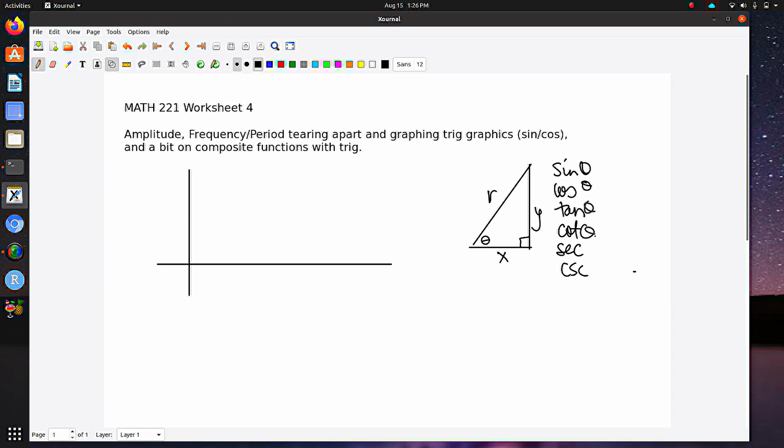These are all thetas. And sine is y over r, cosine is x over r, tangent is sine over cosine, so it's y over x. And cotan is x over y, secant is r over x, cosecant is r over y. So think of them as kind of nested. These guys are a pair, these guys are a pair, these guys are a pair.